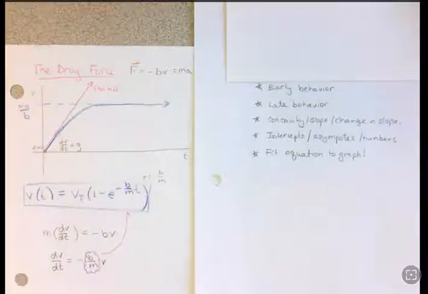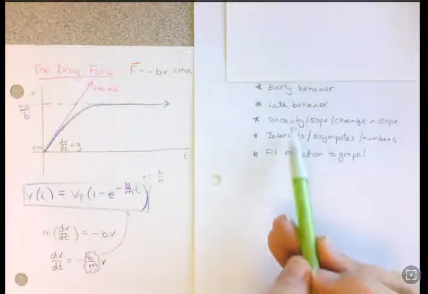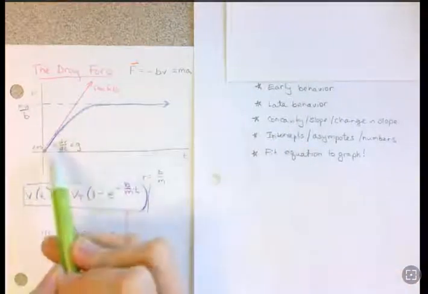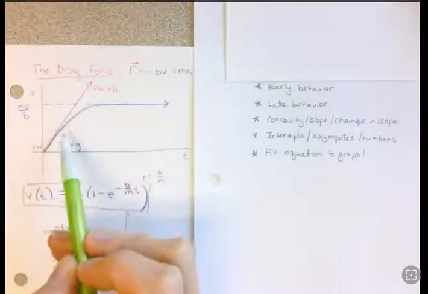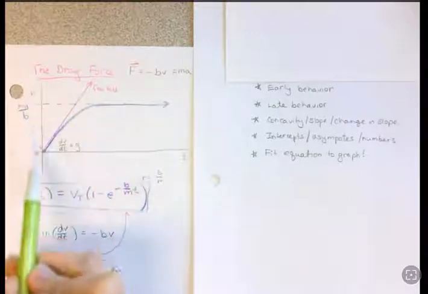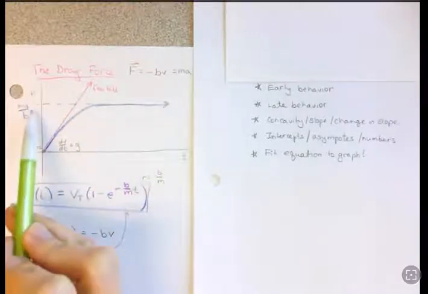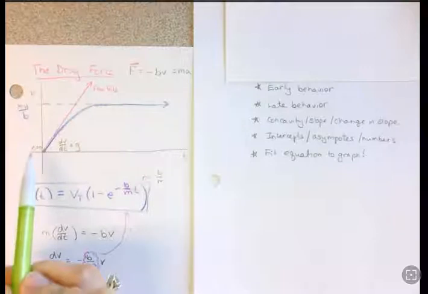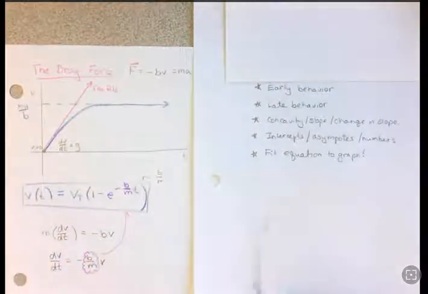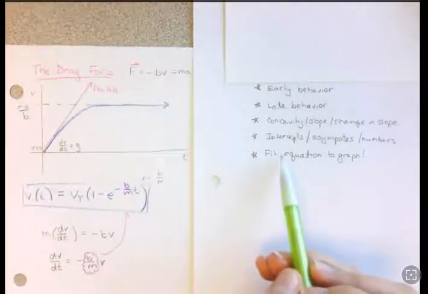and don't exist in the real world, making sure you've got the correct concavity taking you from one slope to another. If you've got your exact intercepts or your exact asymptotes, you can label them, and that will enable you to fit an equation to the graph.